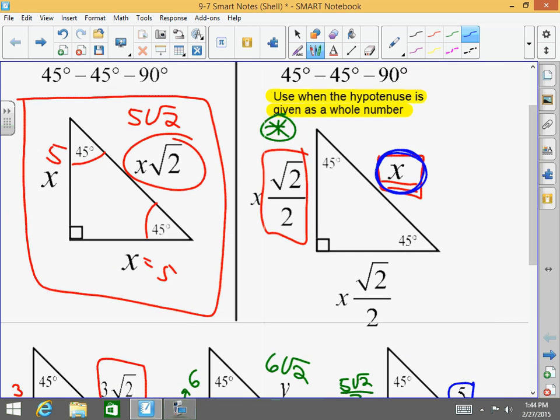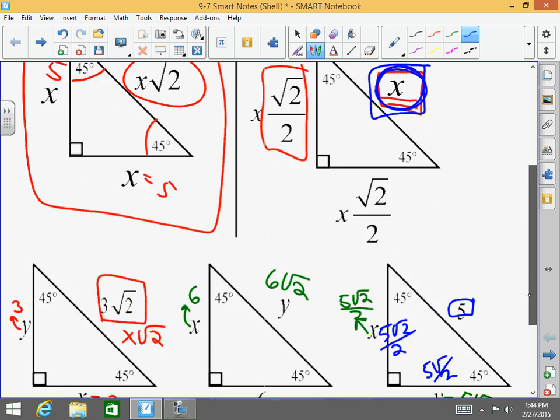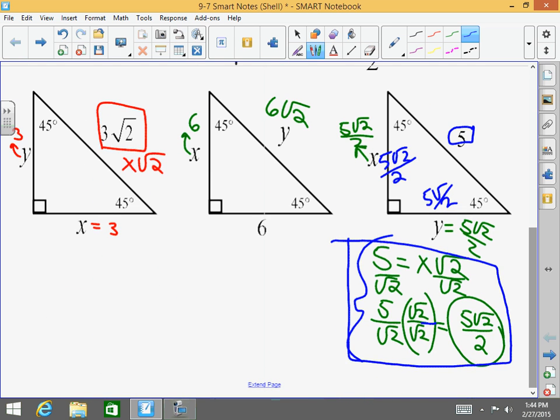Since I have to divide this by radical 2 anyways, that means I have to rationalize. So I'm going to multiply by radical 2 over radical 2. And remember that whenever you multiply a radical times the exact same radical, you get the radicand. So that's why you multiply the hypotenuse value when it's a whole number by radical 2 over 2.